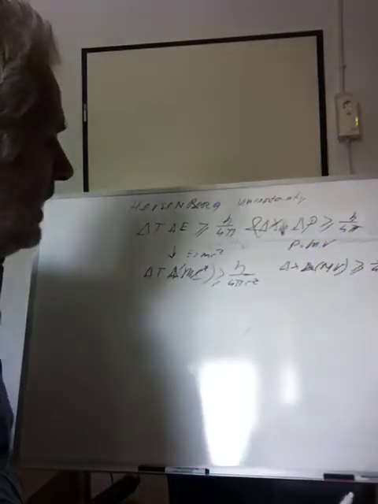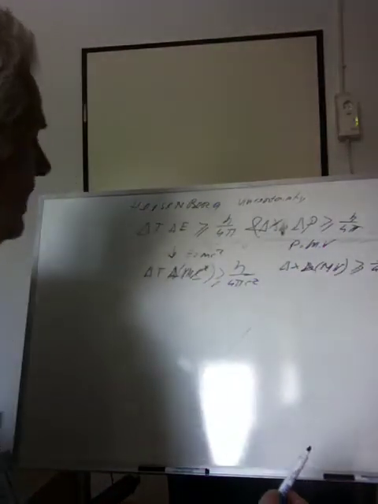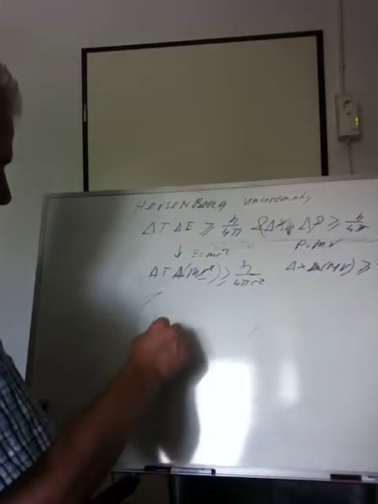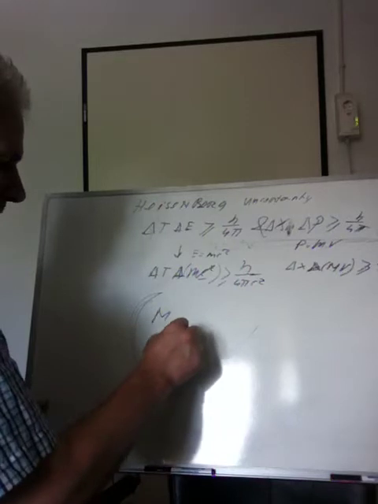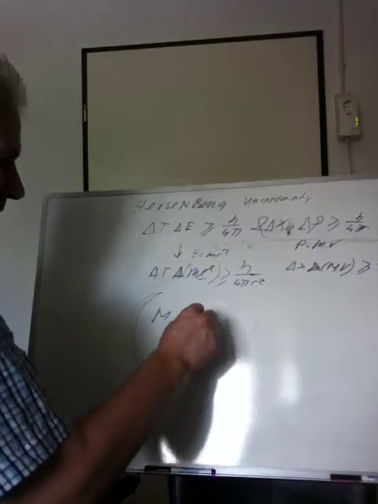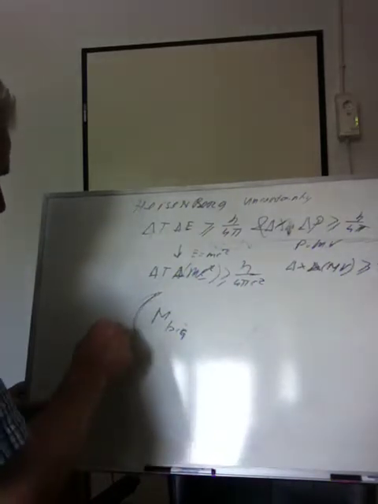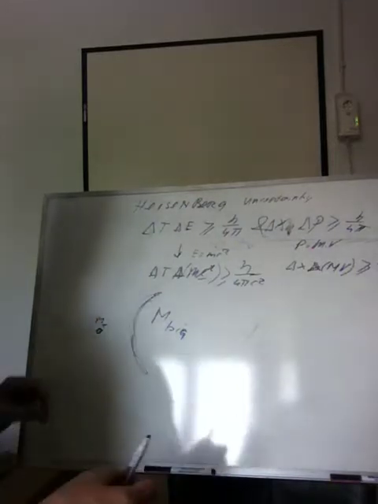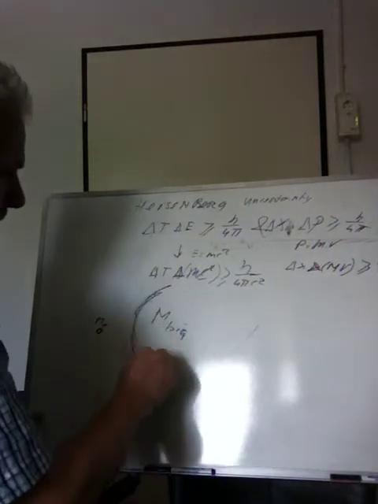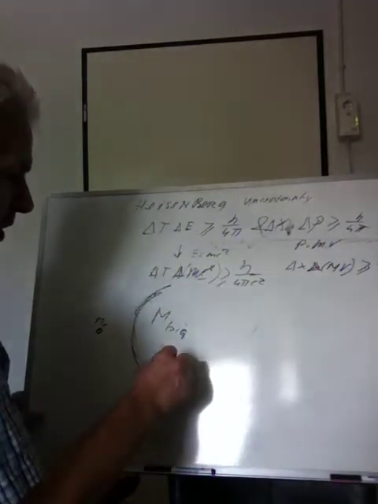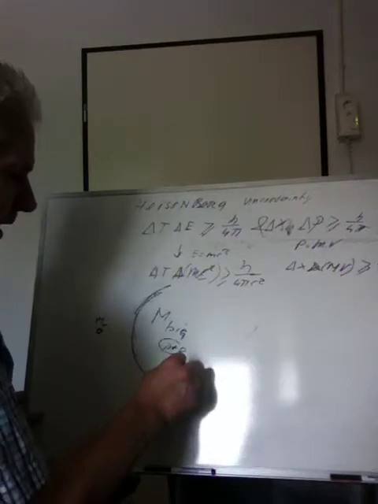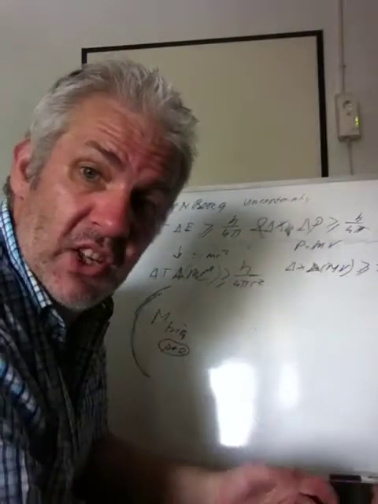Let's take a big mass, M big, like a planet, and a small test mass, m test. The planet consists of protons and electrons, and they have fixed masses.